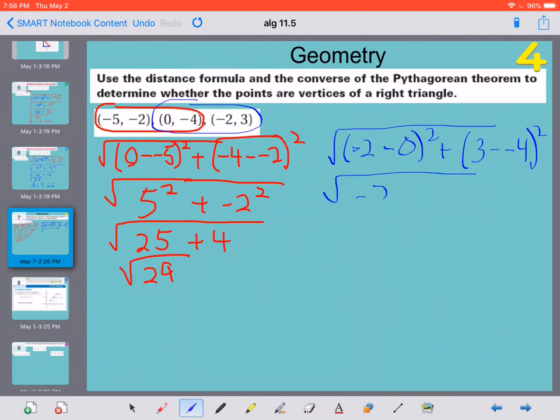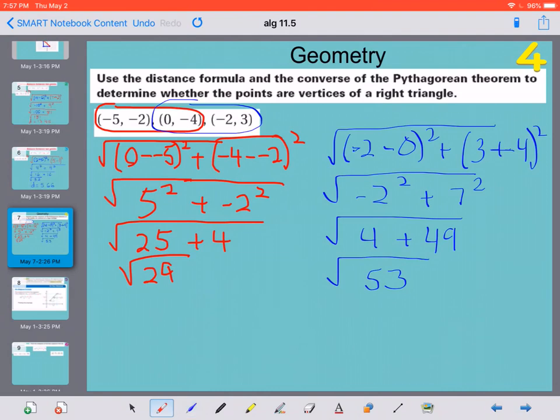So we get negative 2 squared plus 3 minus a negative 4, which adds together to 7 squared. Negative 2 squared is 4 plus 49, which gives me 53. I'll leave that for now as well.